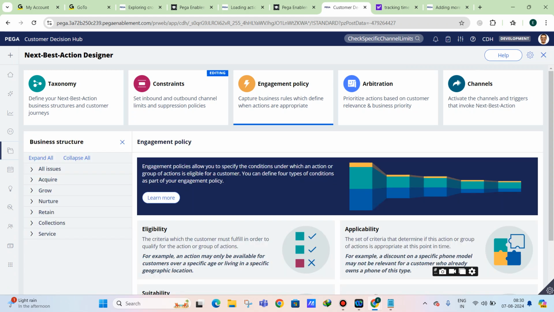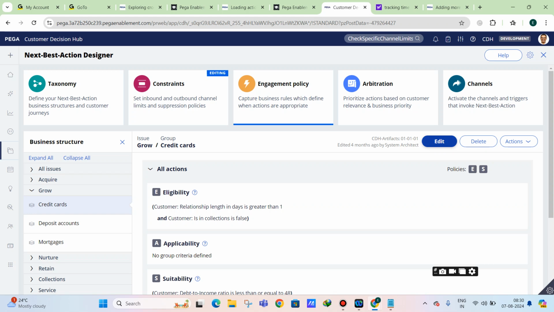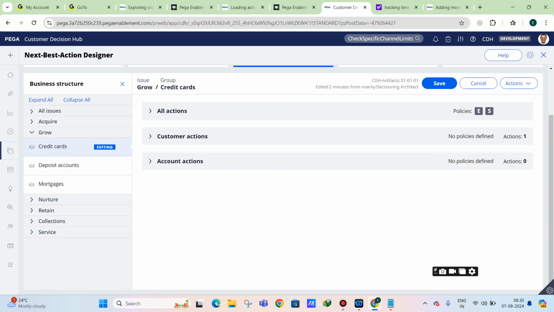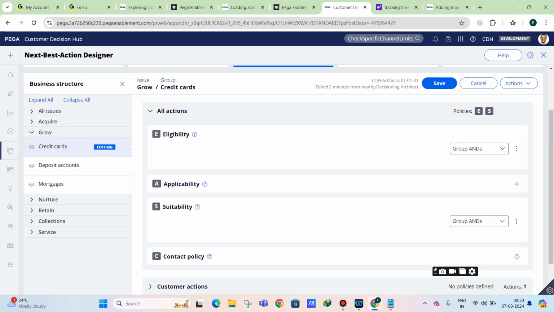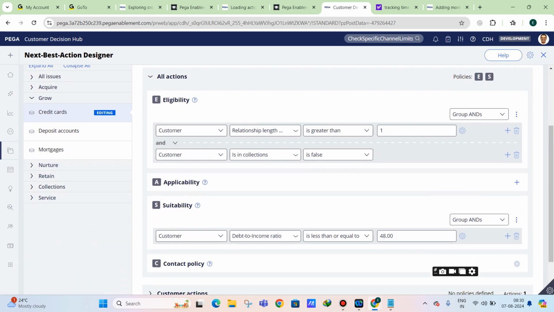If you go to the engagement policy, and for example, if I go to the grow and credit cards, here also I can add my suppression rules. For example, I'm saying all actions, and when you scroll down, this is where you can add your suppression rules. You will not add it at issue level, you will add it here only.